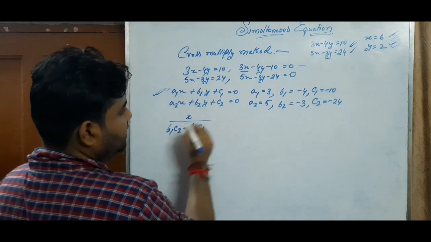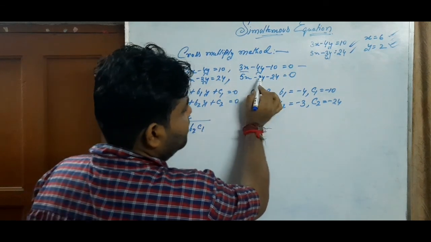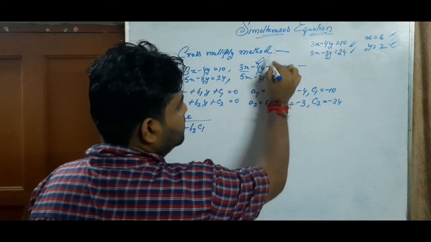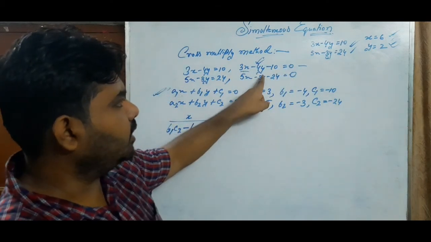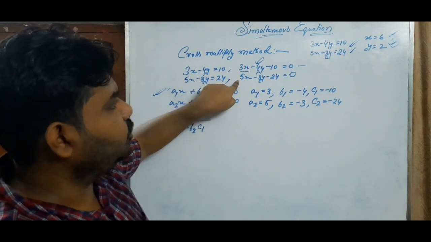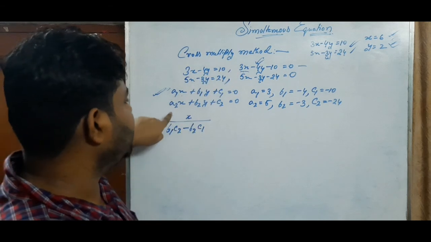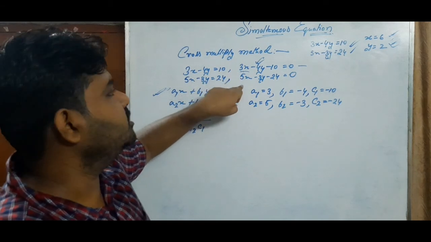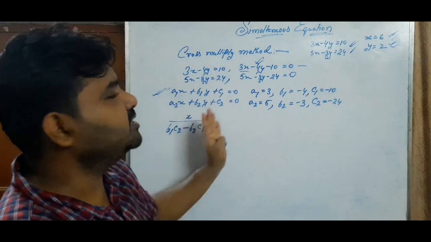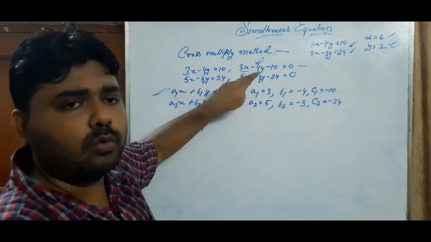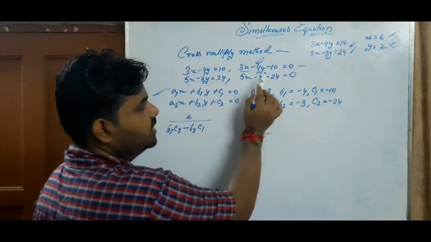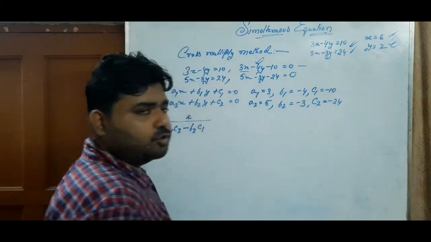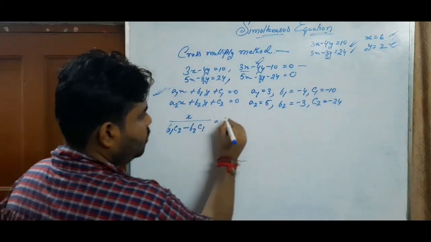We will just take the coefficient just after x. We will start from b1. This is a1 and a2, that is the coefficient of x. When we are taking x, we will not consider the coefficients of x. We will consider the coefficient just after x. After x means y, that is the coefficient of y, that is b1 c2 minus b2 c1 equals x.